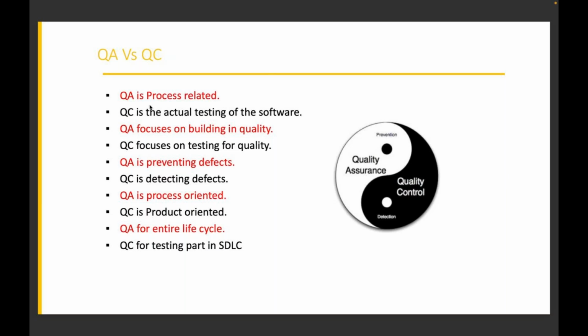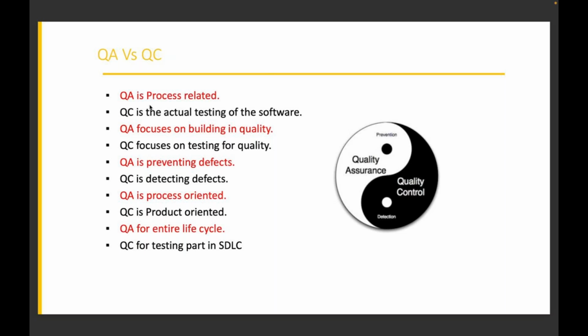All that actual testing happens in quality control, guys. With quality assurance, you are taking one step so that the number of defects coming in quality control will be minimized. But for that, obviously the quality assurance should be perfect.